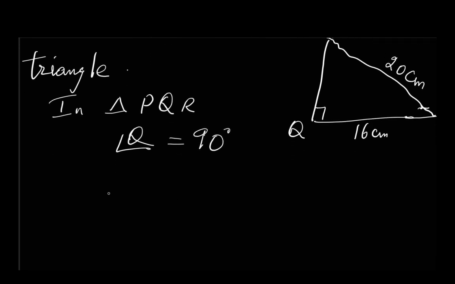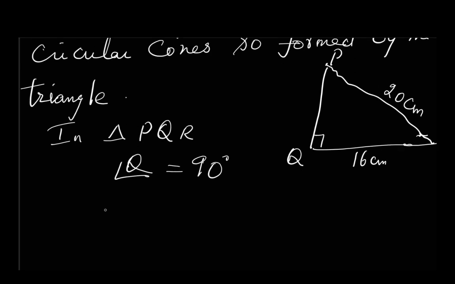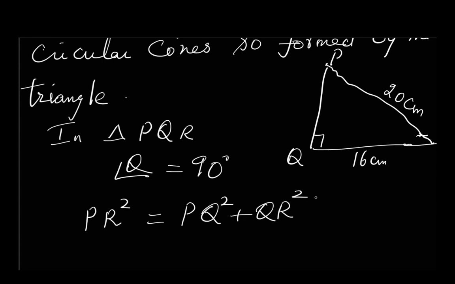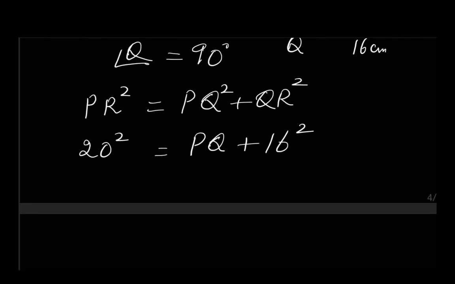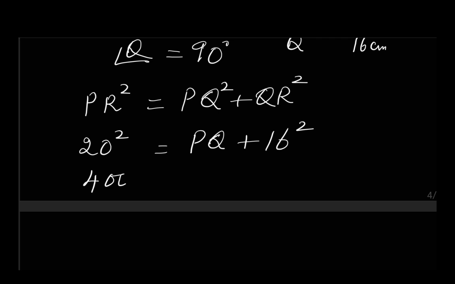According to Pythagoras theorem, the square of the hypotenuse side PR squared is equal to the sum of the squares of the other two sides, PQ squared plus QR squared. PR squared is 20 squared, PQ squared you have to find, plus QR squared is 16 squared. So 400 is equal to PQ squared plus 256.